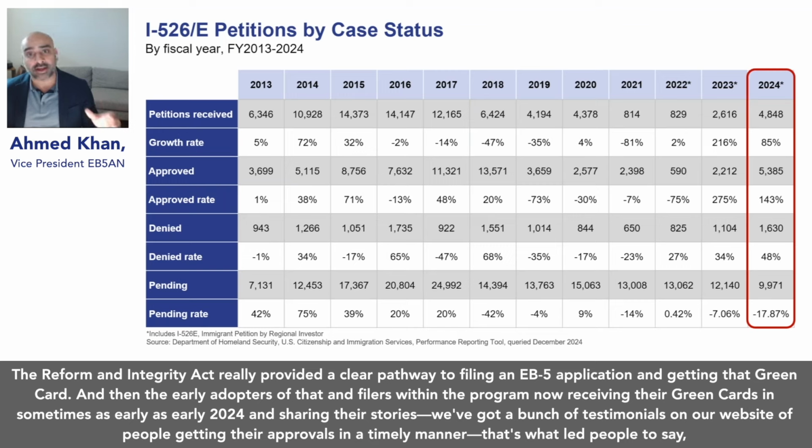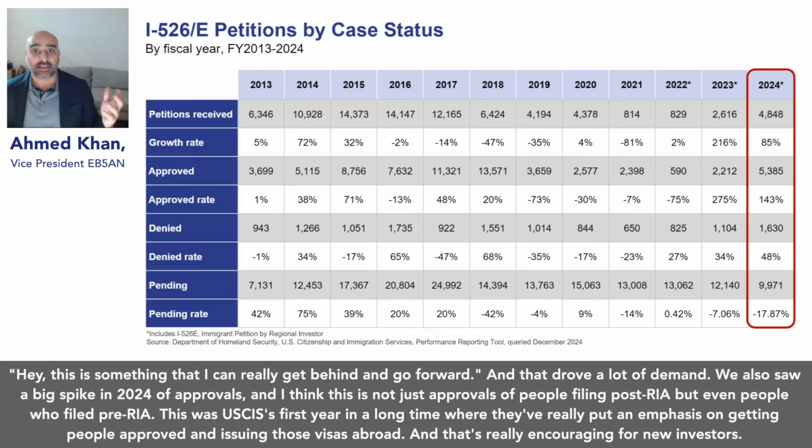And then the early adopters and filers within the program are now receiving their green cards, sometimes as early as 2024, and sharing their stories. We've got a bunch of testimonials on our website of people getting their approvals in a timely manner. That's what led people to say, hey, this is something I can really get behind and go forward with. And that drove a lot of demand.